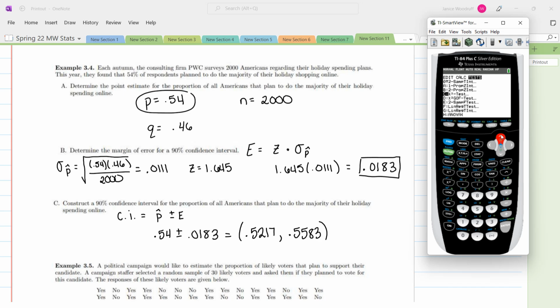So 1 proportion Z interval. There we go. All right, so 1080, 2,000, and then 0.90 confidence level. There you go.